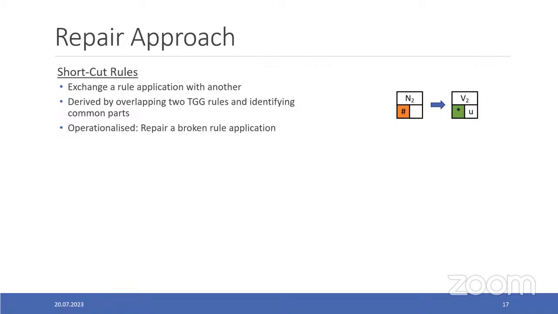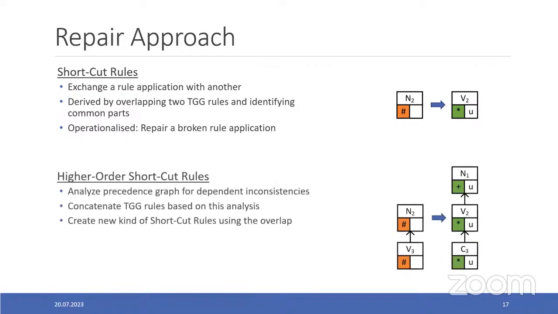And again, you can operationalize these rules that we have seen before, and then propagate a complex user change. What we found out very recently is that it's not always enough to repair one rule application at a time. Sometimes, as in our example, and you have to believe me on that, you have to repair multiple steps at a time to be able to preserve as much information as possible.